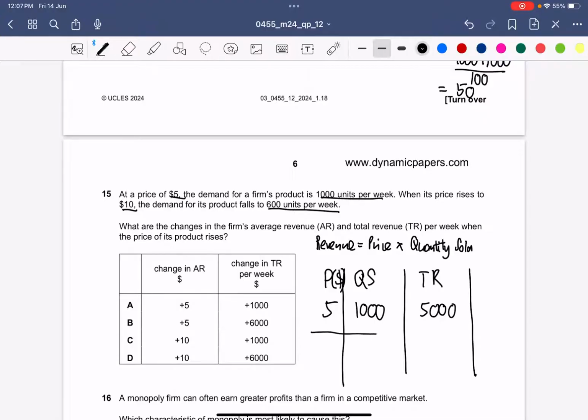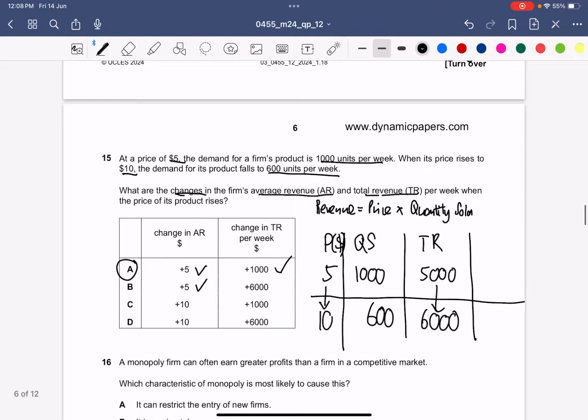Next, 10 and 600 units, so it's 6,000. The question is asking what the changes in the average revenue and total revenue are. Average revenue goes plus 5, so this one's correct, and total revenue goes plus 1,000. So this is the answer, A.